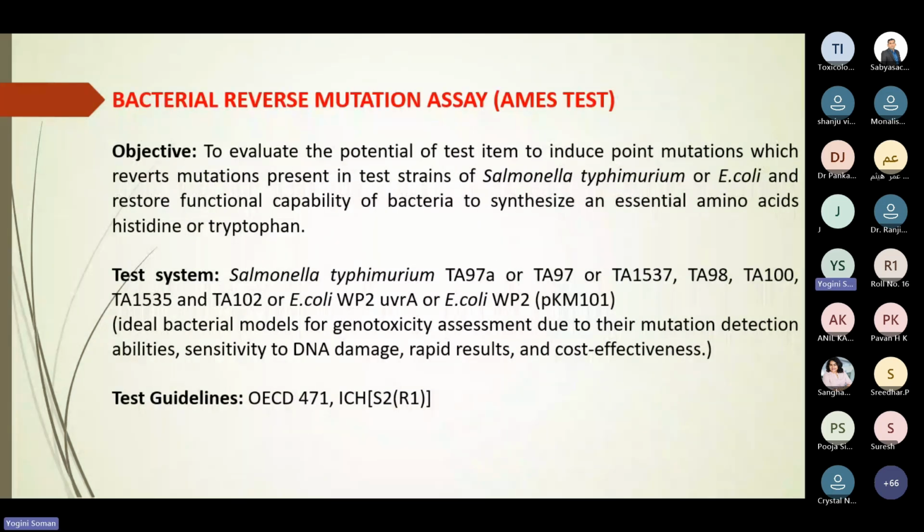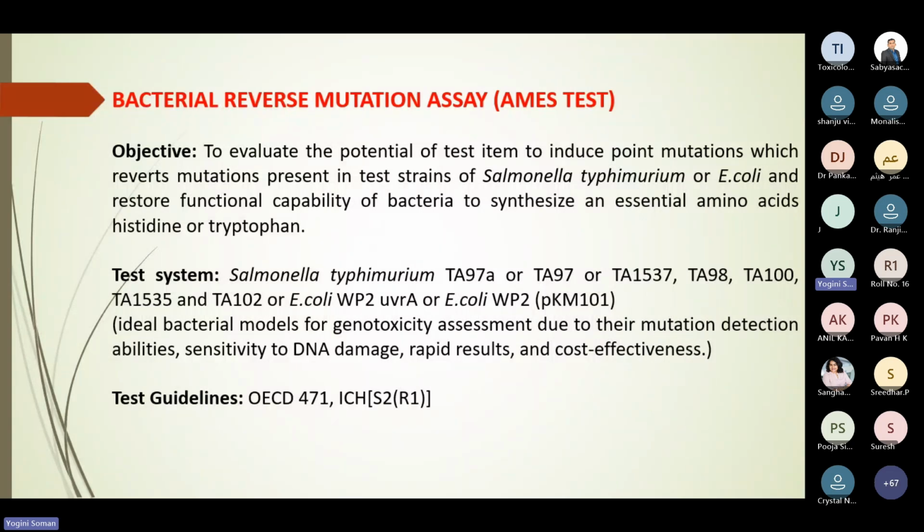And then the next part was the bacterial reverse mutation assay. I got a recommendation to include some genotypic characterization of the bacterial reverse mutation assay. In the bacterial reverse mutation assay, the objective is to detect the mutagenic potential of the test item. For that purpose, as per OECD 471, it is recommended to include all 5 tester strains.